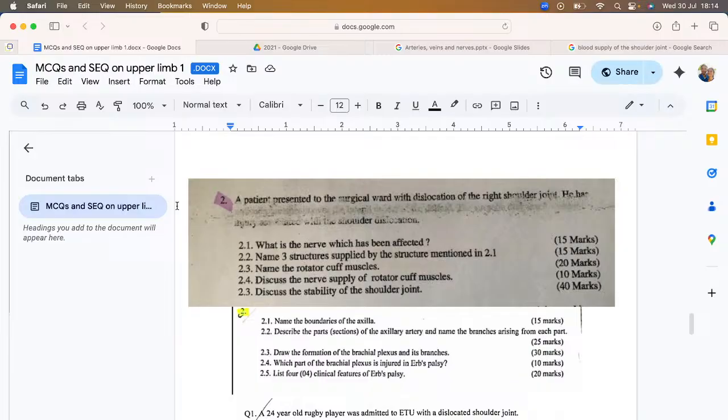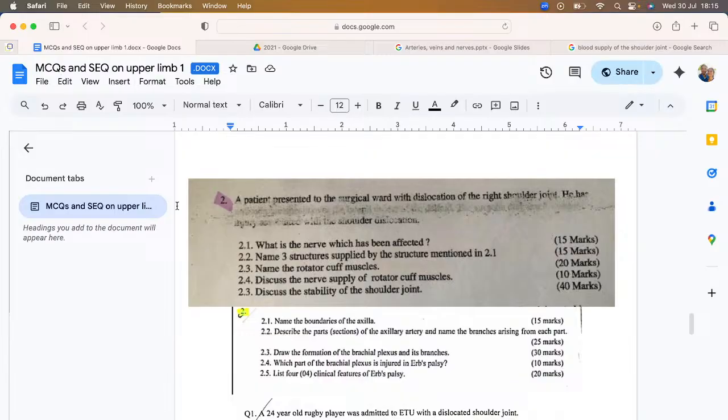When you're answering SEQs, make sure that you're always to the point. I know that sometimes when you don't know how to answer questions, what you tend to do is give really long answers and try to give as much as you can, hoping that you'll get some marks for what you're saying. But usually, if they're saying name 3 structures, they'll always be looking at the first 3 answers that you have written.